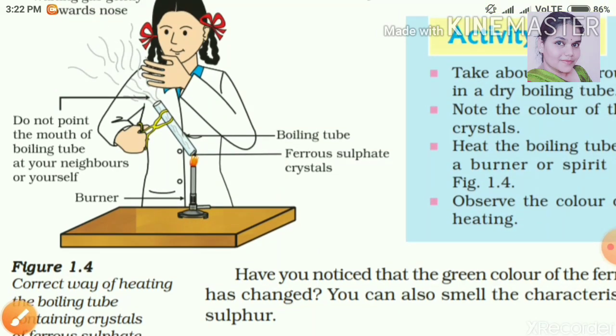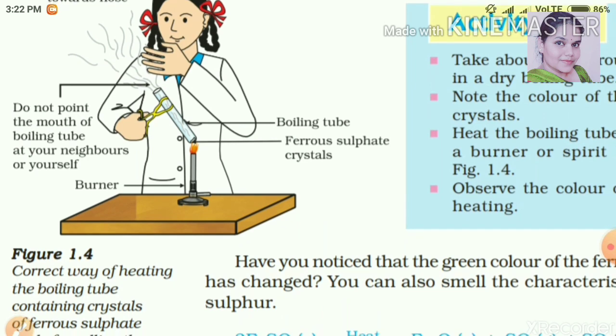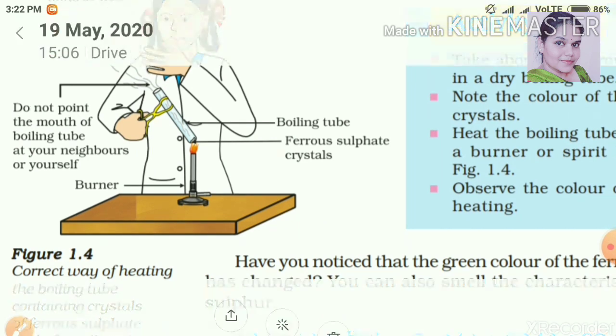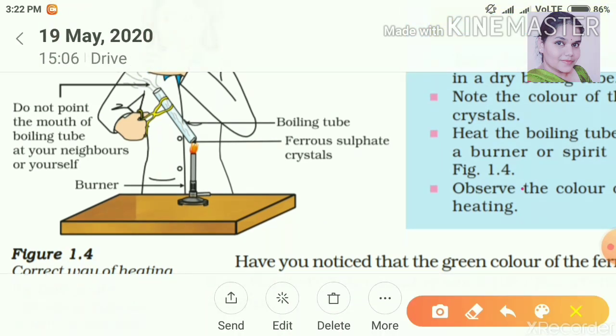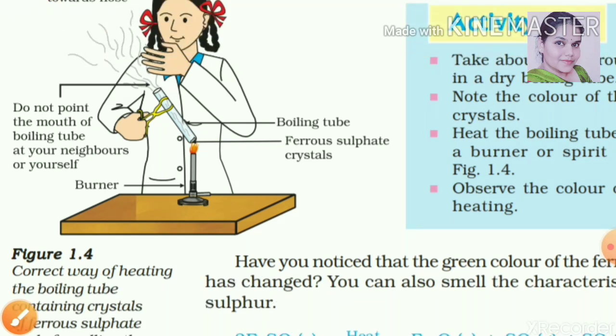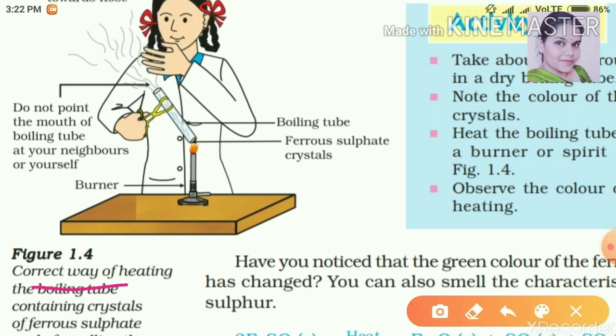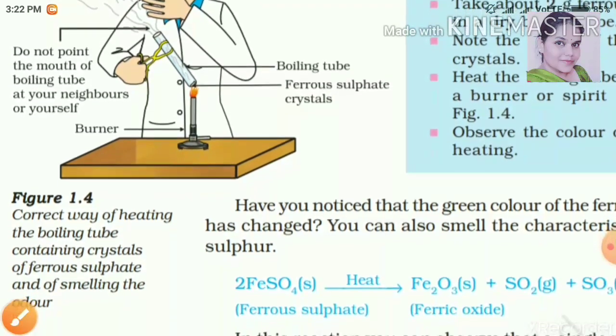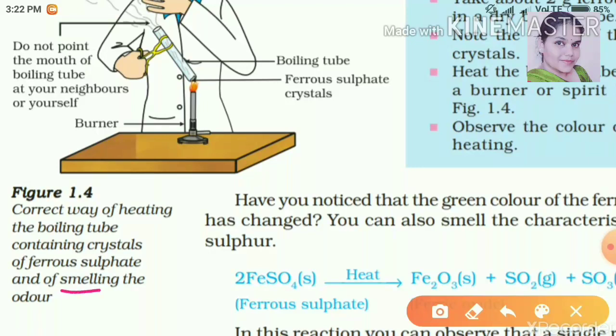She is working in a chemistry lab. That is why she is wearing this white lab coat for protection or safety. So see, they have shown this correct way of heating the boiling tube containing crystals of ferrous sulfate and of smelling the odor. Odor means the smell.